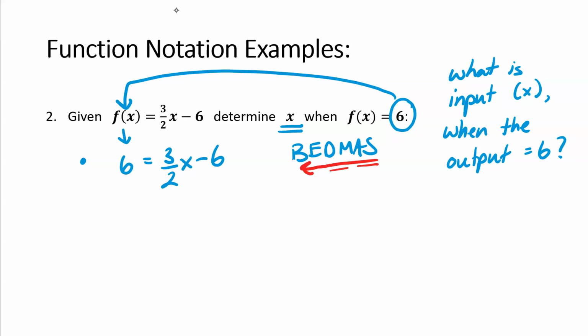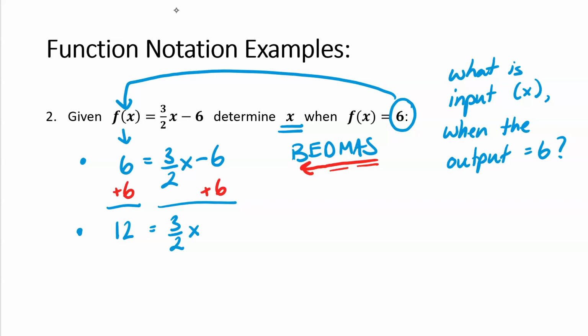So for the equation we wrote there, 6 equals 3 over 2x minus 6, we'll have to add 6 to both sides of this equation. What does that accomplish? If we add 6 to both sides, negative 6 plus 6 is just 0, so we basically cancel that. We have 3 over 2x equals 6 plus 6, which is 12.